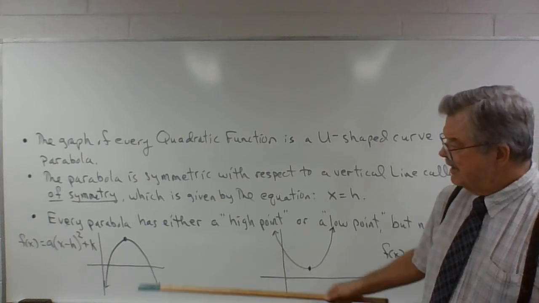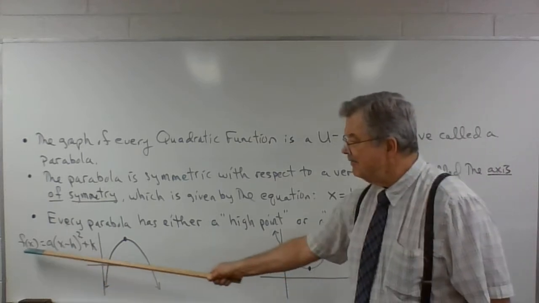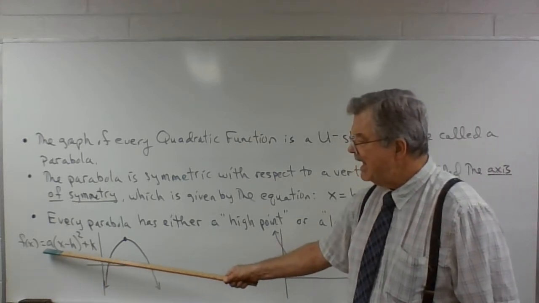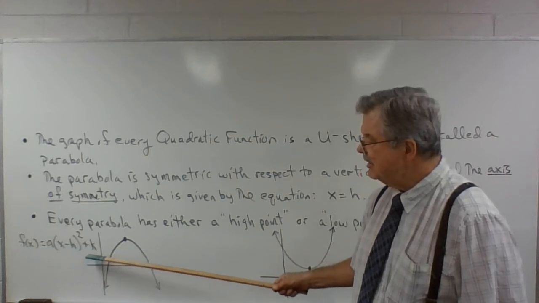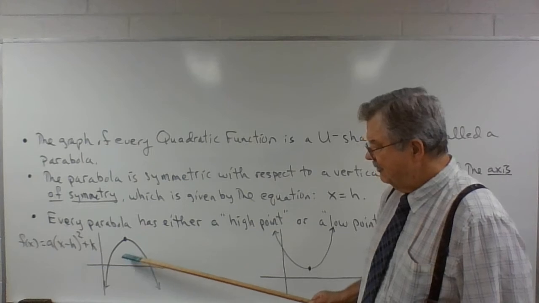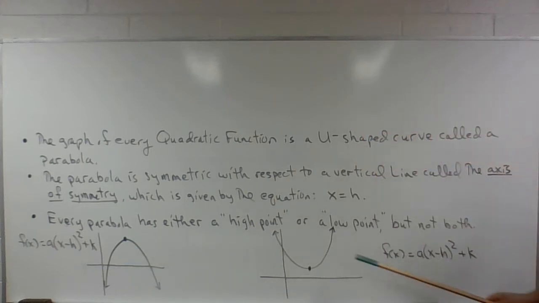but here in the bottom left, we have the graph of f of x equals a times quantity x minus h squared plus k, and this is what it looks like. Over here we have a graph of f of x equals a times quantity x minus h squared plus k. This is what it looks like.